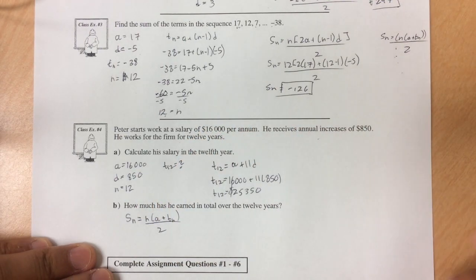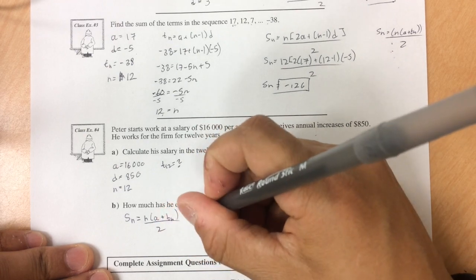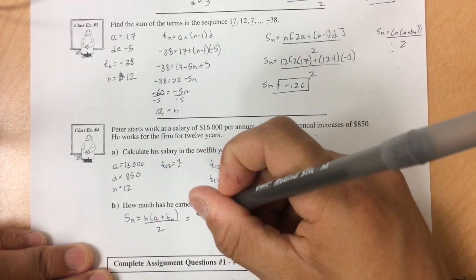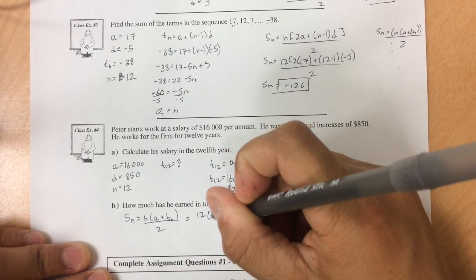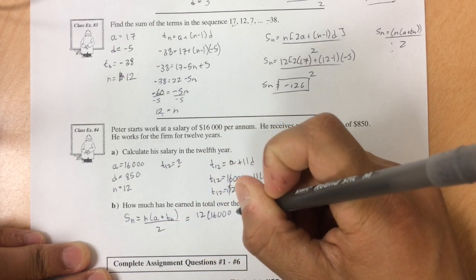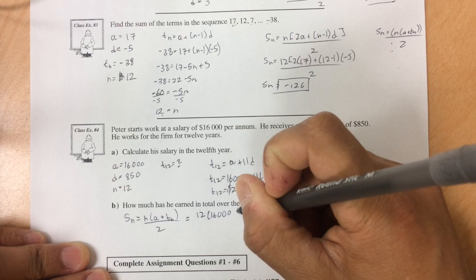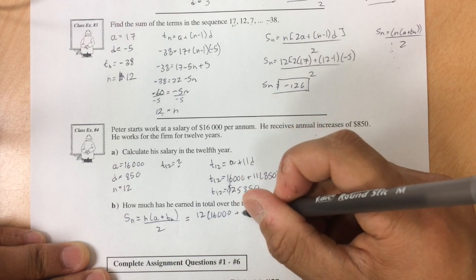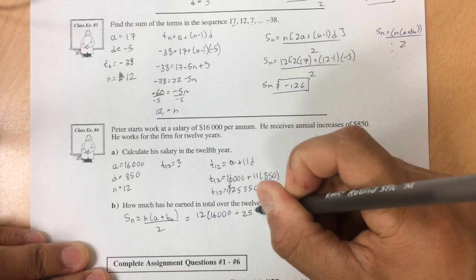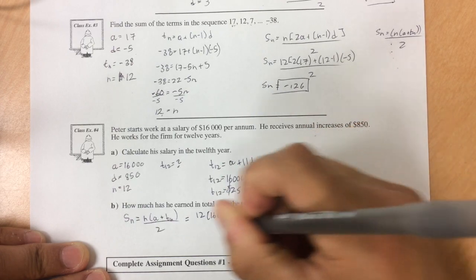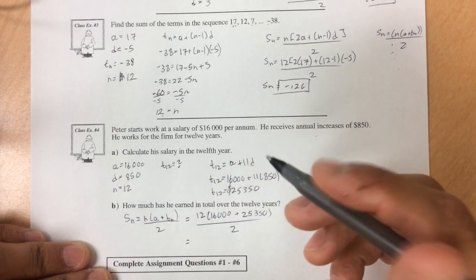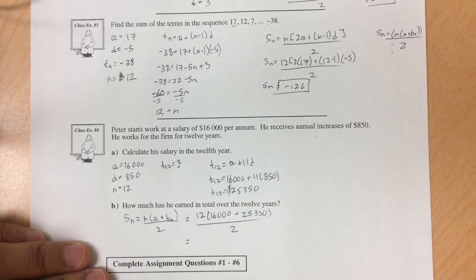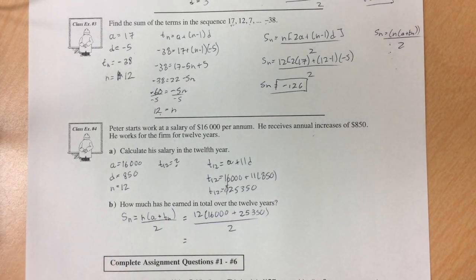I put one too many brackets last time. So we know that n is equal to 12 years. We know that A was 16,000, term 1. And we also know that Tn, or term 12, is 25,350 divided by 2. And so it's kind of nice because this formula is a lot shorter. There's a lot less variables to keep track of.